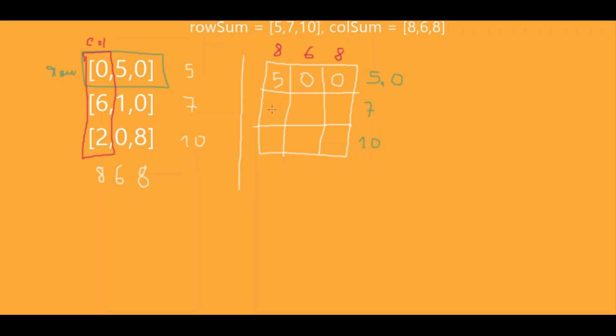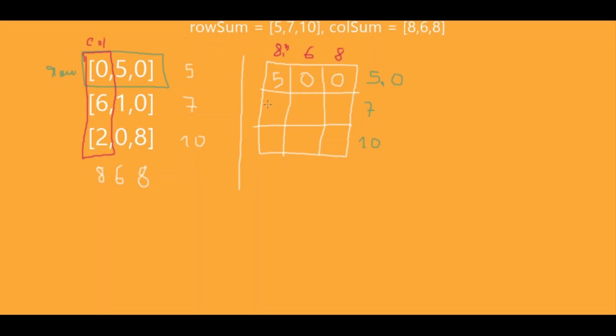When we move to this cell, what are the possibilities? I forgot to mention that when you decrease in the row, you also have to decrease in the column. So this is no longer 8, this is now 3. It's easy to understand, because if you could put 8 here again, you would break the 8 limit.